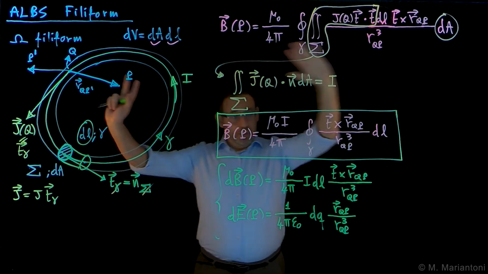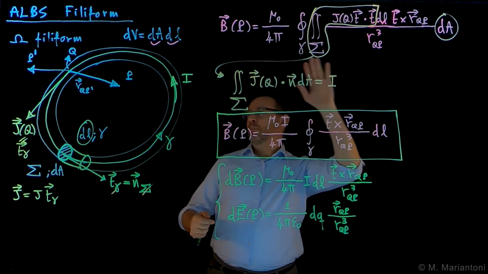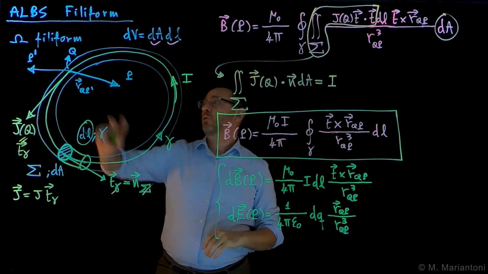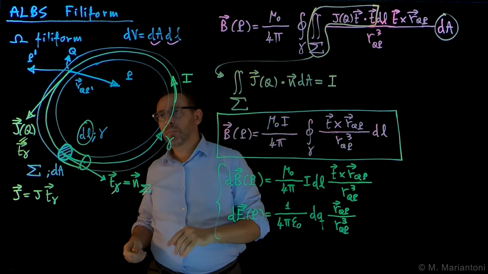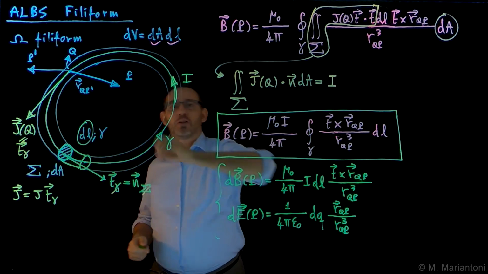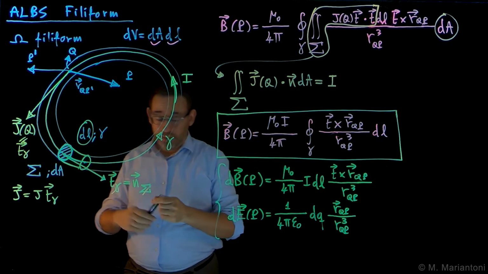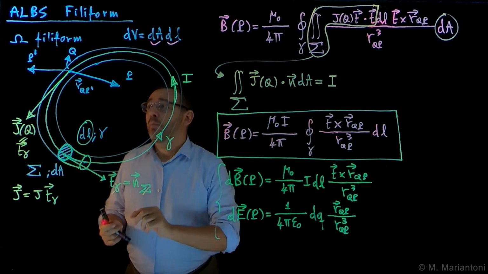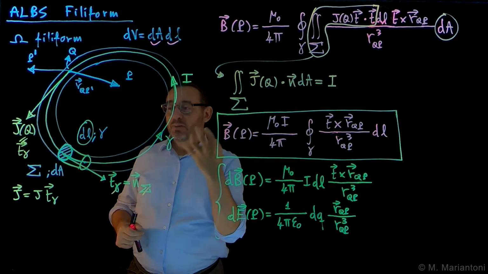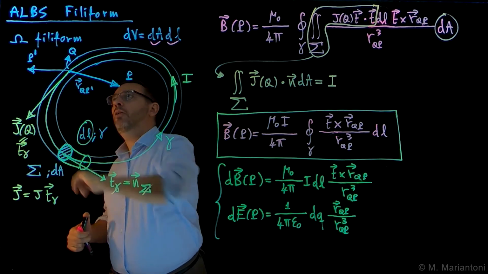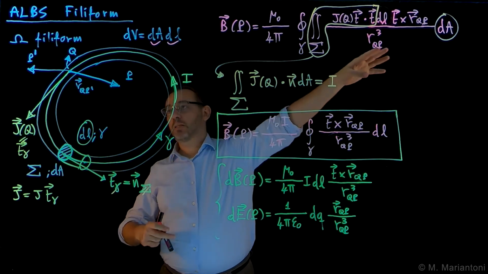Now, to summarize this video, the Ampere Laplace Biot Savart filiform equation, so we consider a filiform wire. So this is our wire, just like a copper wire, very simple. We are trying to find the magnetostatic field by means of the Ampere Laplace Biot Savart equation, which is this equation up here.